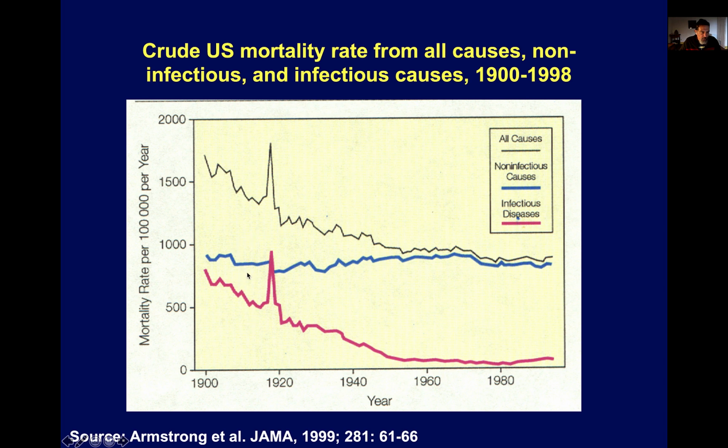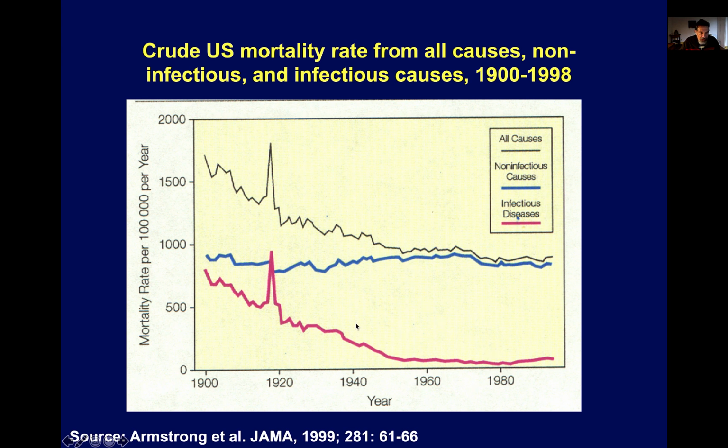But these two trend lines below it break that overall trend line into non-infectious causes in blue and infectious causes in pink. And what you can see here is that most of the decline in the overall death rate that we see in the US really is a result of major declines in the infectious disease death rates and not much change in the death rate due to non-infectious disease.